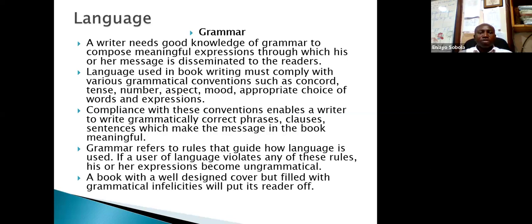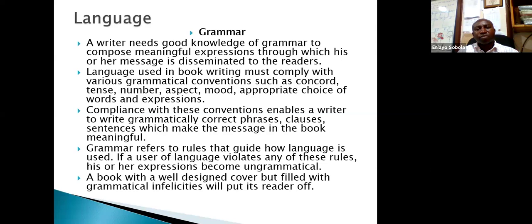You should be able to construct meaningful sentences. There should be connection. You need to use your connectors rightly. When you need to use a signpost in your writing to link one thing to another, you are supposed to use it effectively.